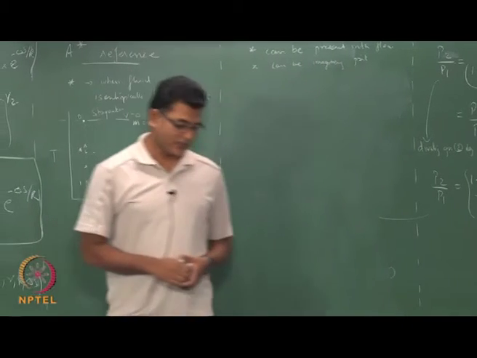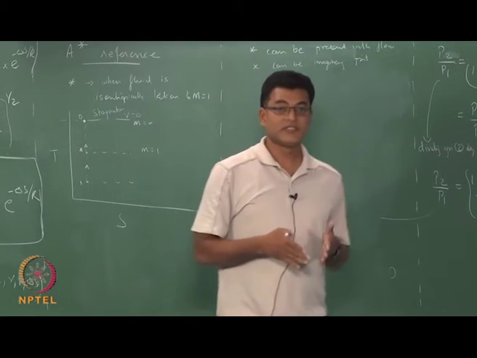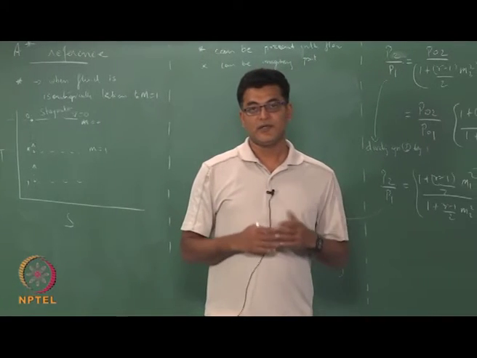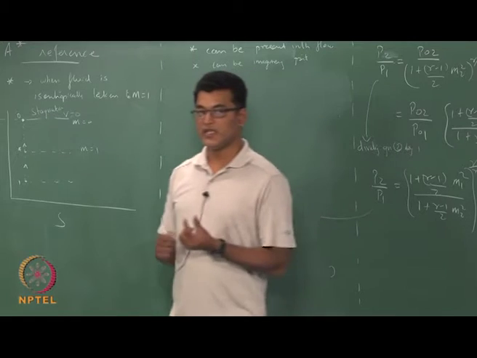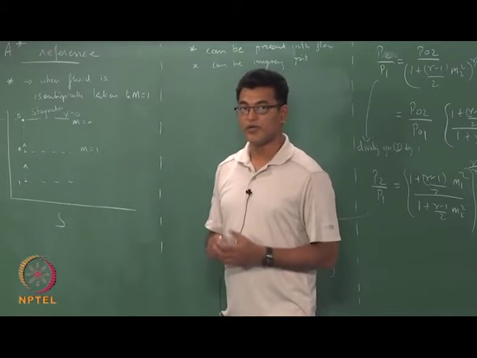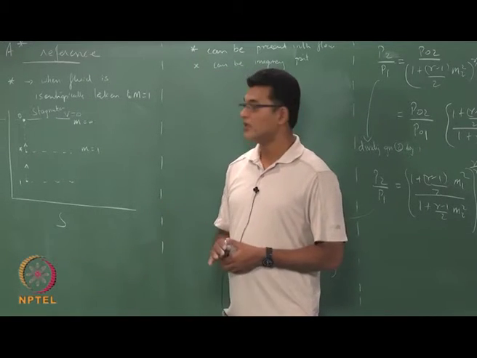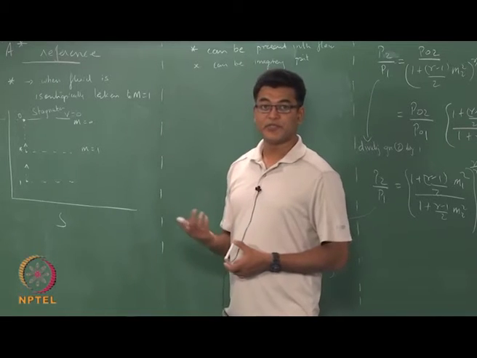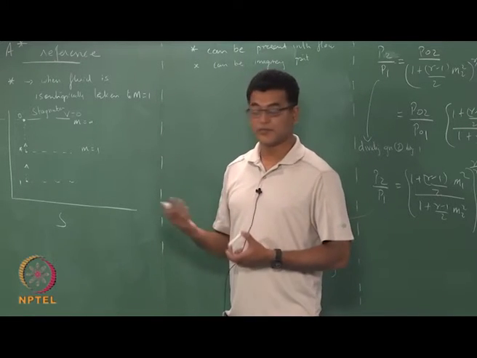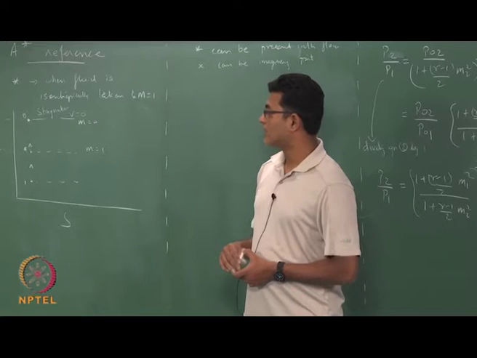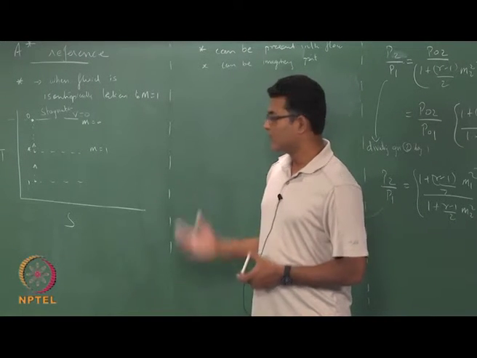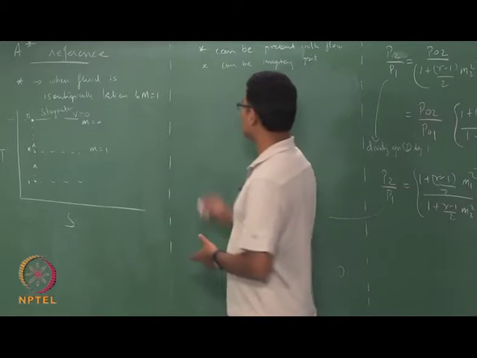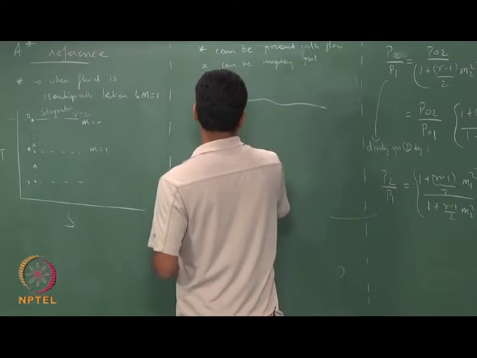If it is a converging diverging nozzle, your star condition is the throat area where your dA is going to be 0 and your M equals 1. So, that is also your star condition. We will come to that in a few lectures from now, but now let us concentrate on this arbitrarily shaped duct.